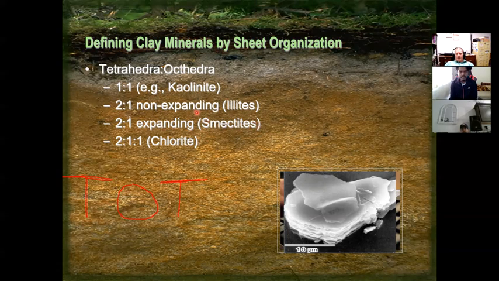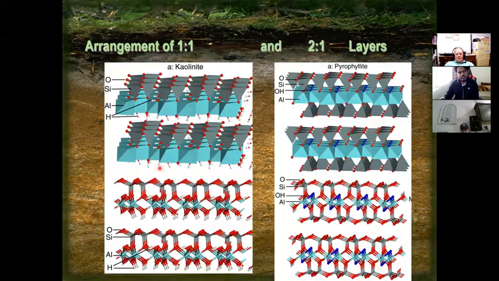The big examples that I like to use in this class: a 1-to-1 clay is usually what we call a kaolinite. A 2-to-1 clay that does not expand is an illite, I-L-L-I-T-E. And then a 2-to-1 that is expanding is what we call a smectite.